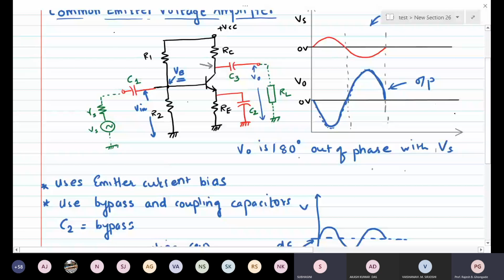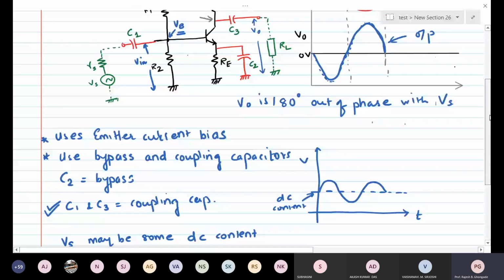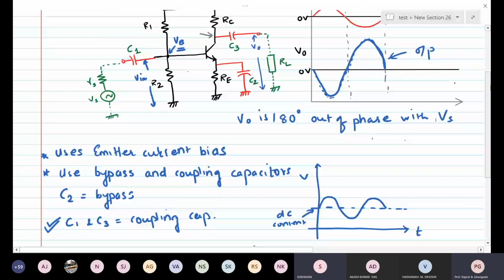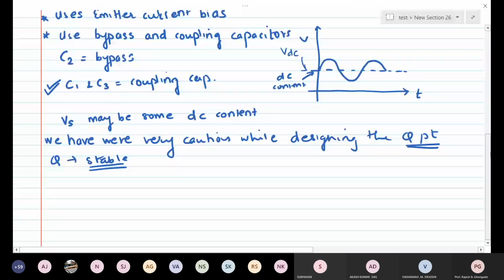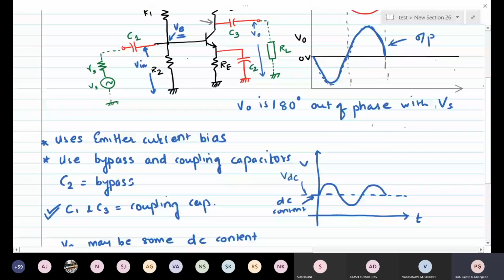Now, if you don't use C1, you are superimposing the signal with its DC content at this point. What is going to happen to VB? Let us call this DC content VDC.